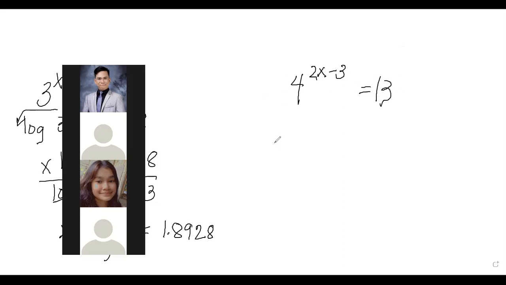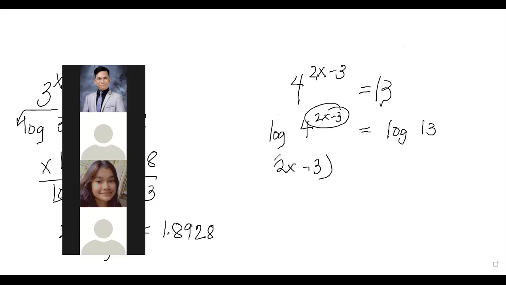Sige, lagyan ng log pareho. So we have log of 4 raised to 2x minus 3 equals log of 13. Now, ibaba ito. We have 2x minus 3 times log of 4 equals log of 13.